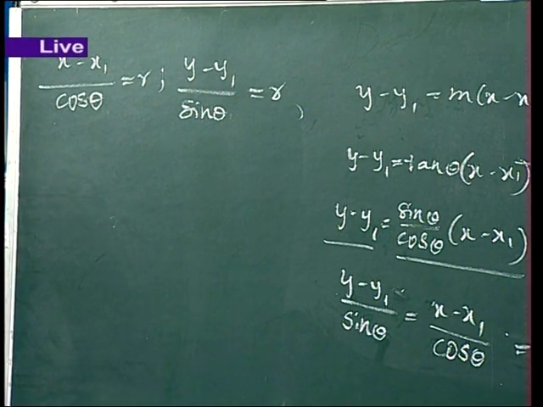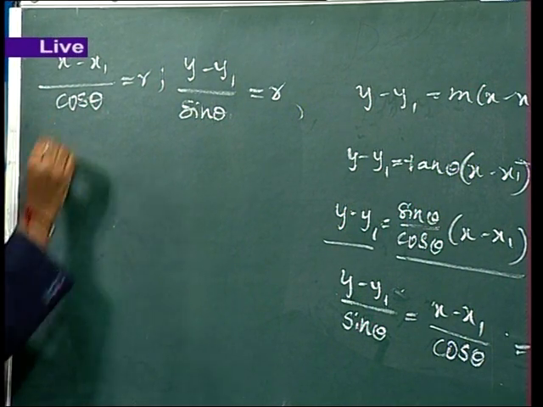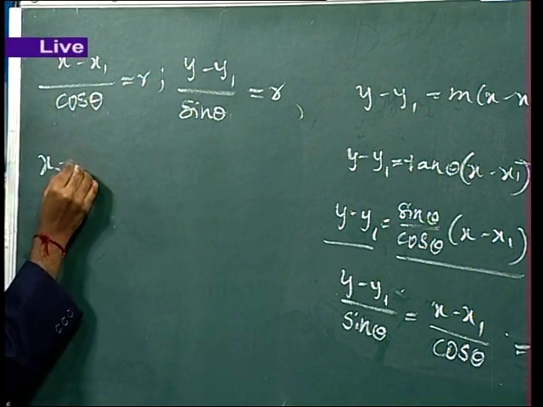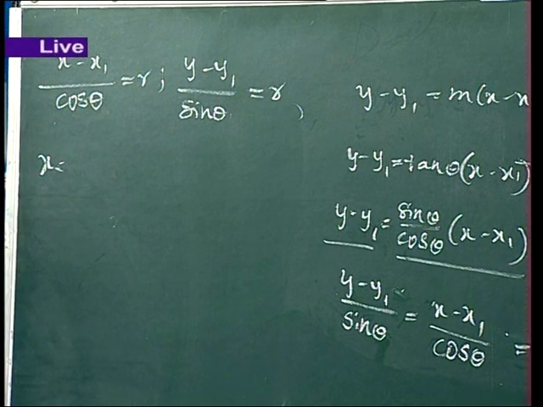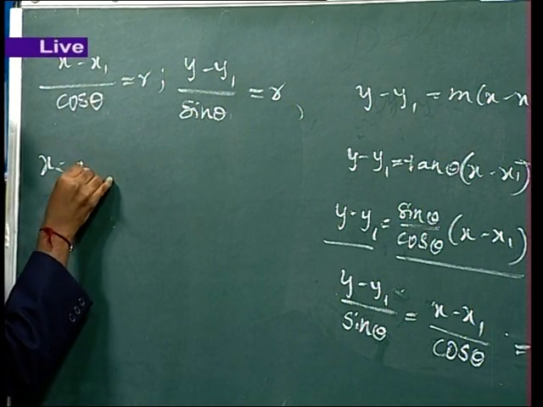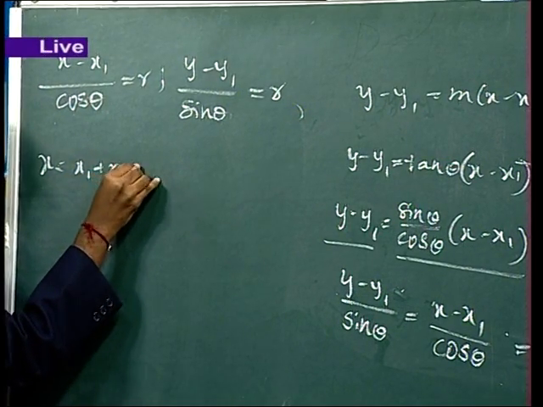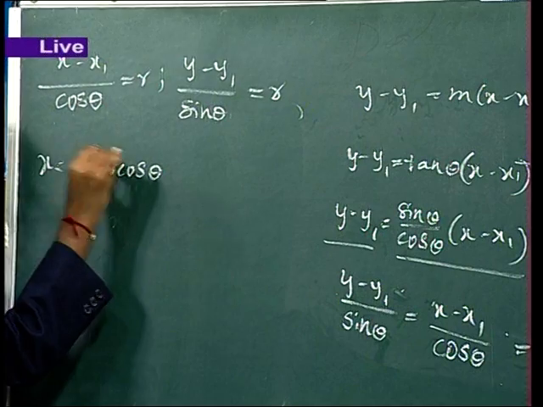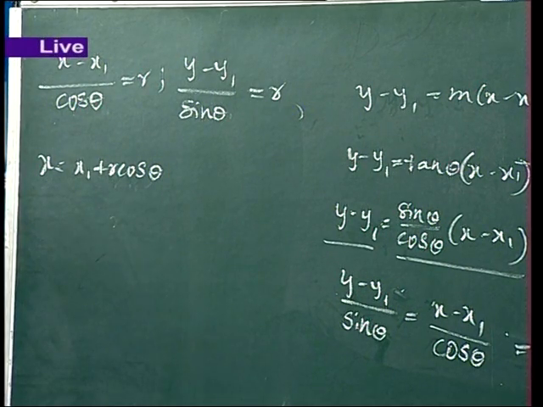Okay, we need the equation for x. If we take minus x1 to the right side, the minus sign becomes plus. Therefore, x equals x1 plus r cos theta.